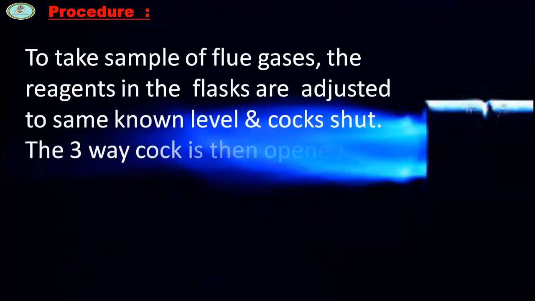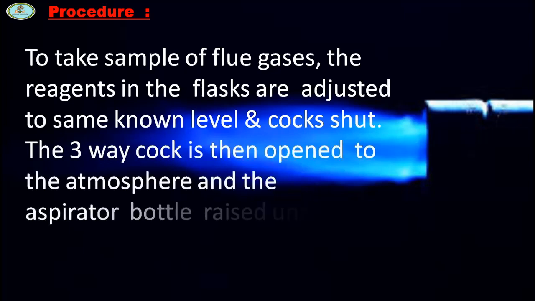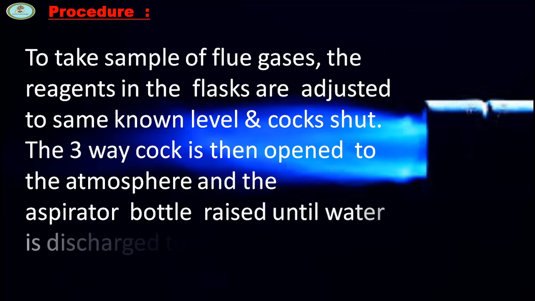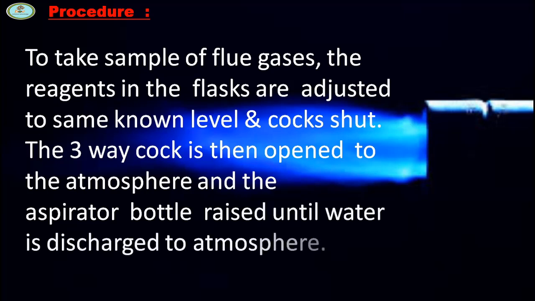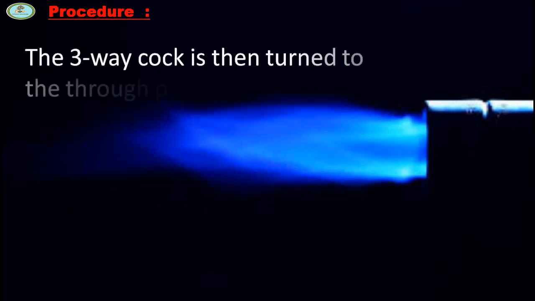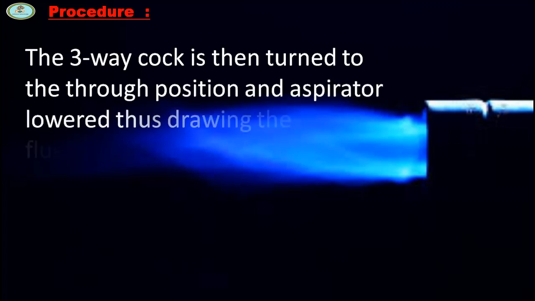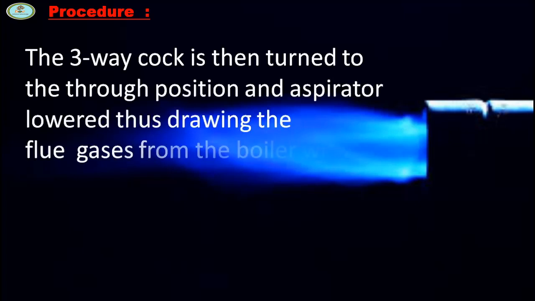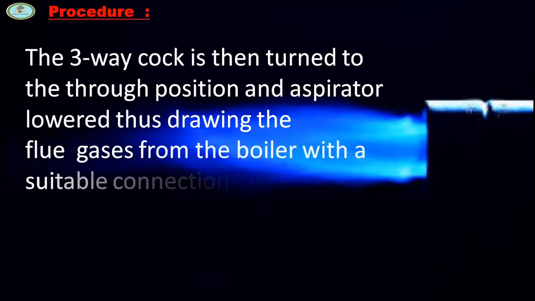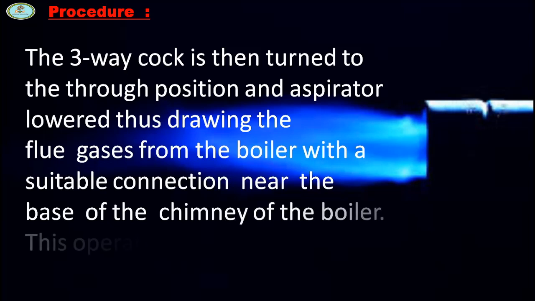Procedure: to take a sample of flue gases, the reagents in the flasks are adjusted to the same known level and cocked shut. The 3-way cock is then opened to the atmosphere and the aspirator bottle raised until water is discharged to atmosphere. The 3-way cock is then turned to the through position and the aspirator lowered, thus drawing the flue gases from the boiler with a suitable connection near the base of the chimney of the boiler.